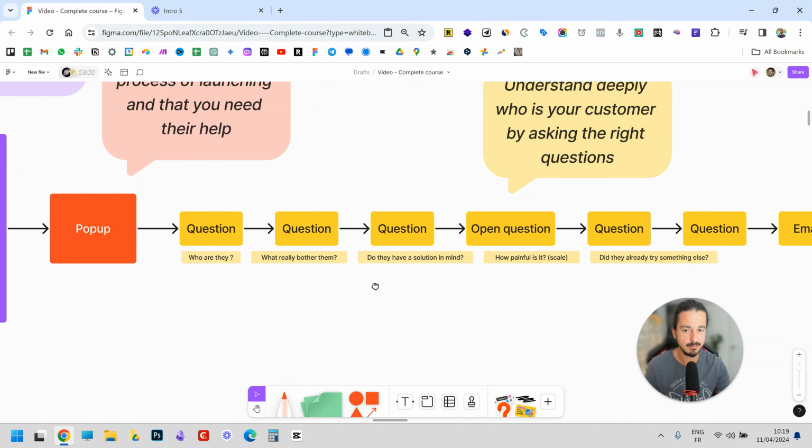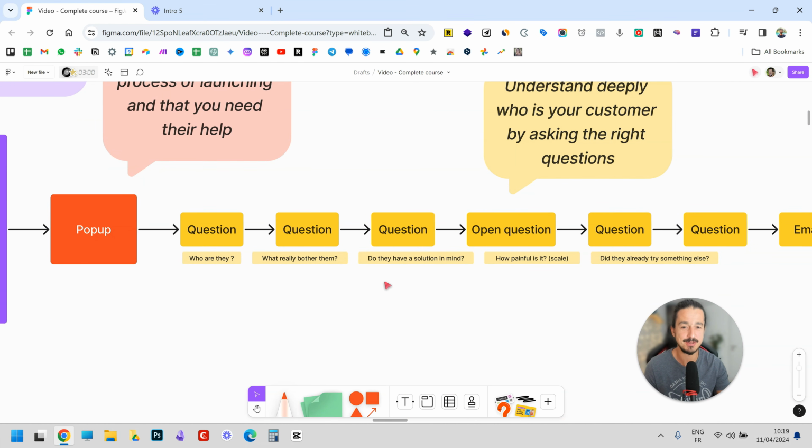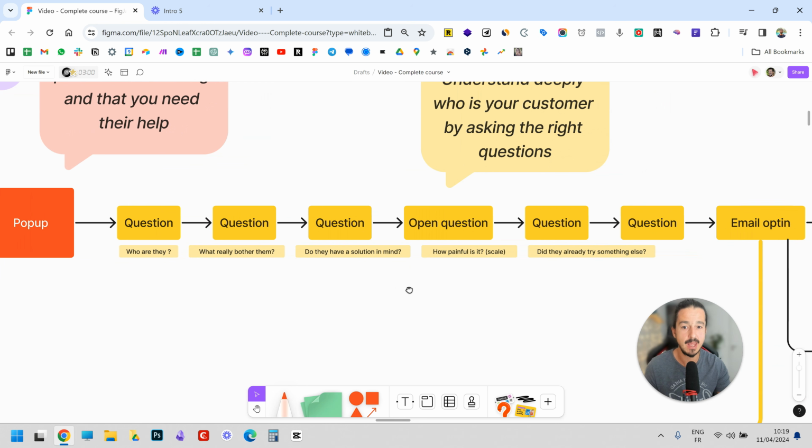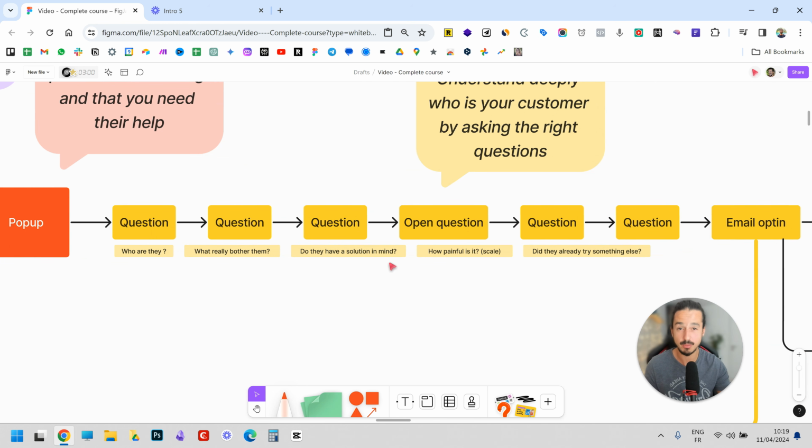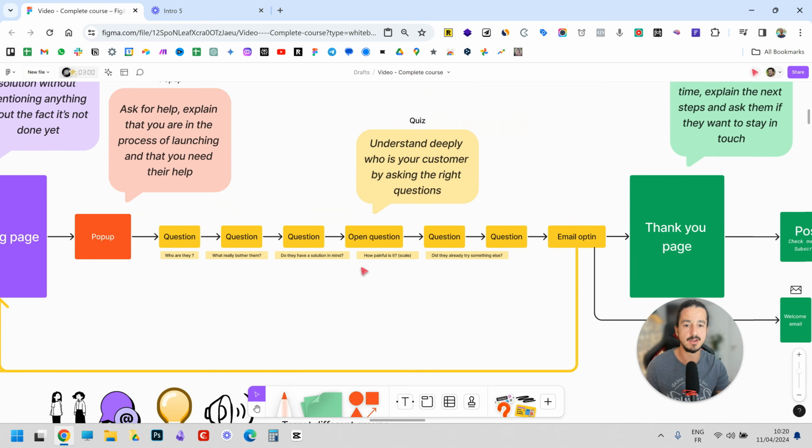What really bothered them? Maybe you didn't get the problem the first time. Do they have a solution in mind already? Did they already try something? And how painful is this problem? Those are not the only questions that you can ask, but they are important questions.